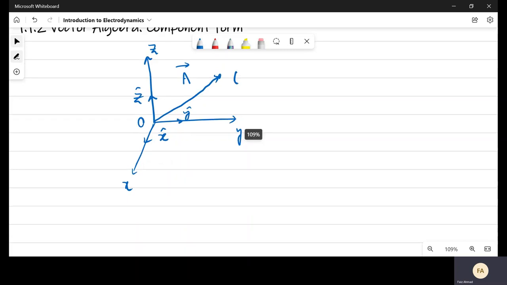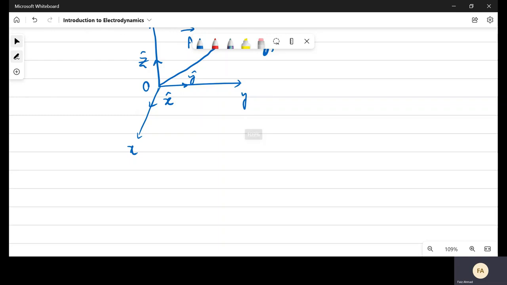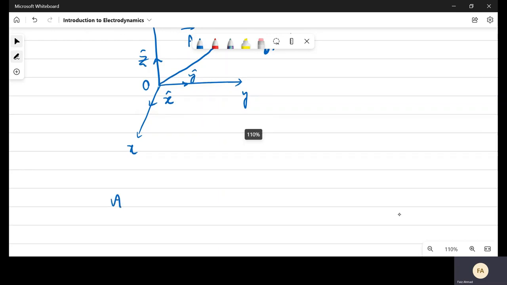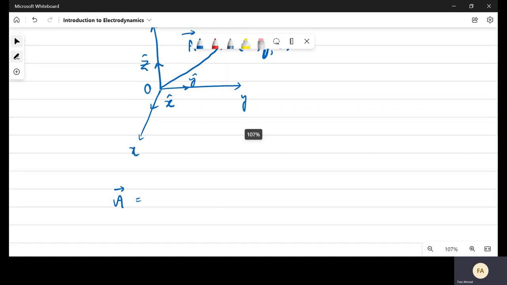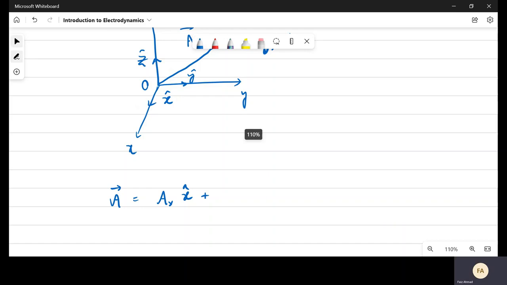This point is x, y, z, and to express this arbitrary vector a, we need a equal to some magnitude in x direction, which we are saying ax, times unit vector x, some magnitude in y direction, and some magnitude in z direction.